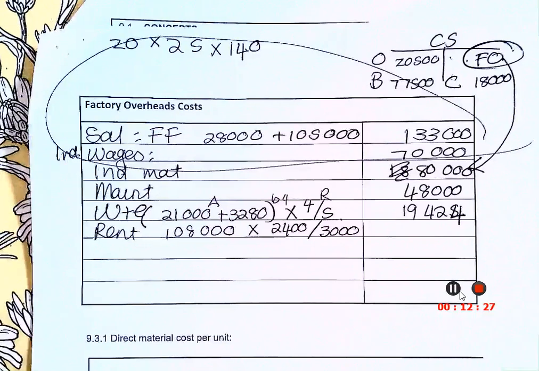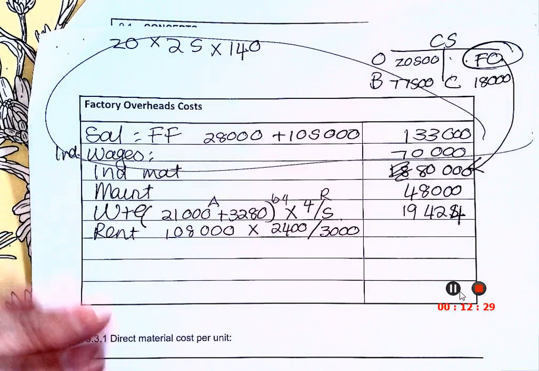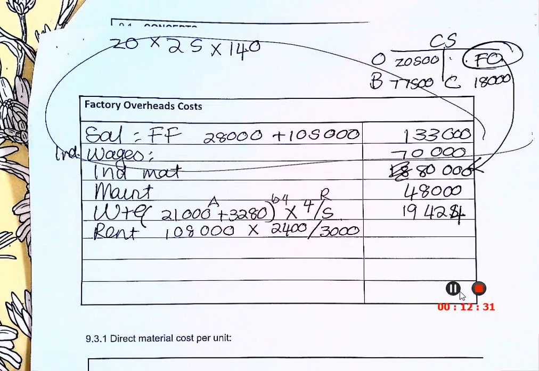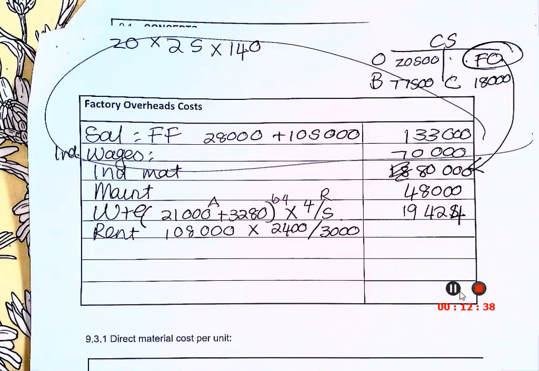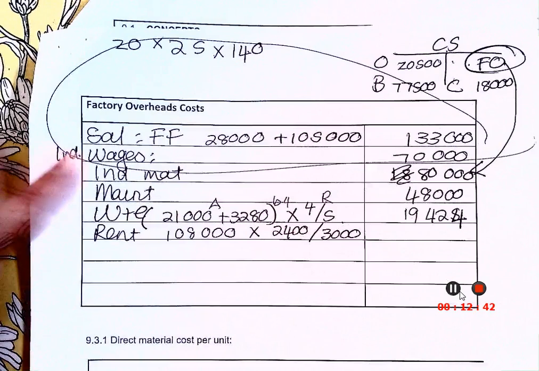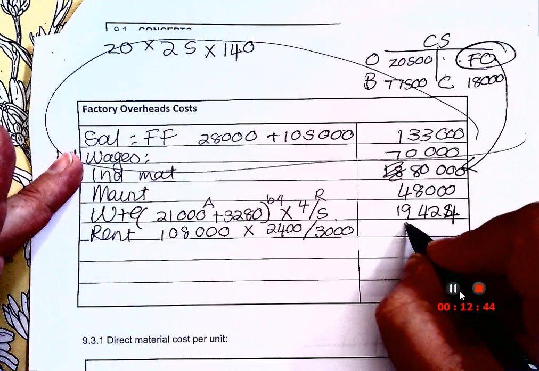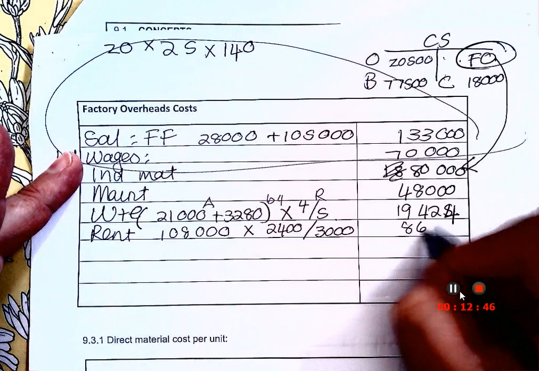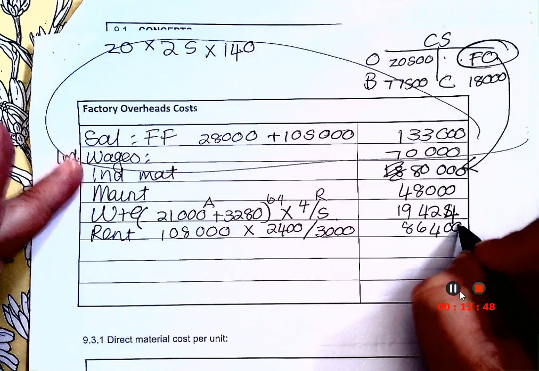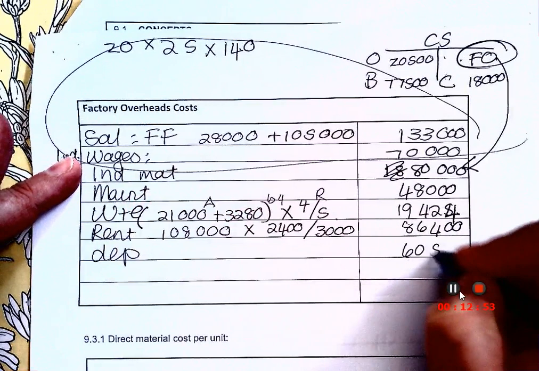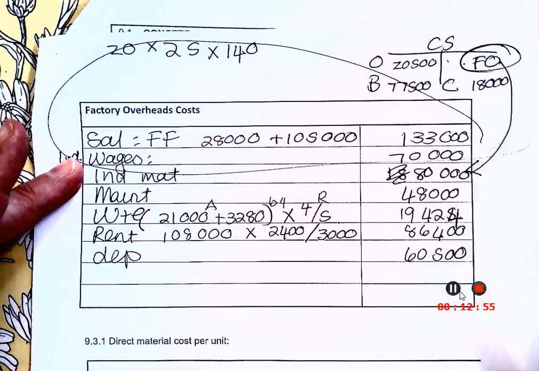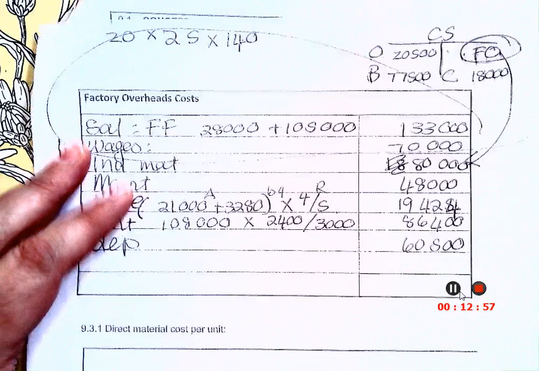You can break it down to 24 over 30, to 6 over, no, you can't do 6. 3 over 5. What do we get? 86,400. Okay, depreciation for factory equipment, 6,500, and there's nothing else. So let's bottom this thing out. What do we get for this?